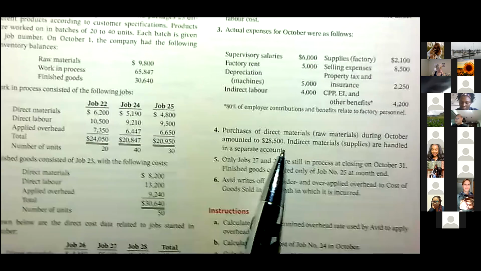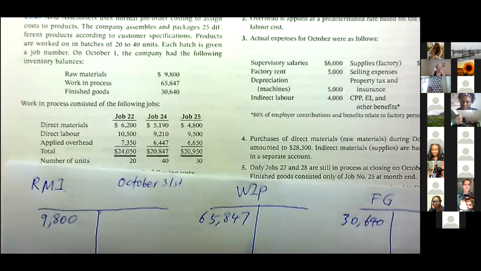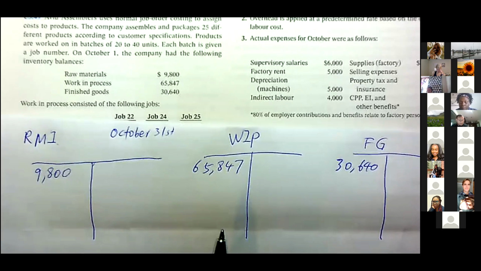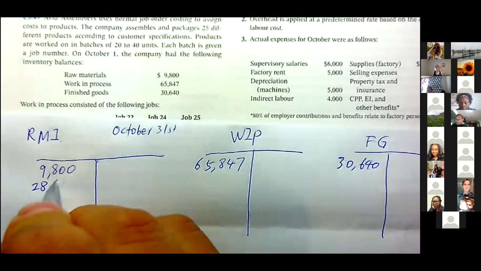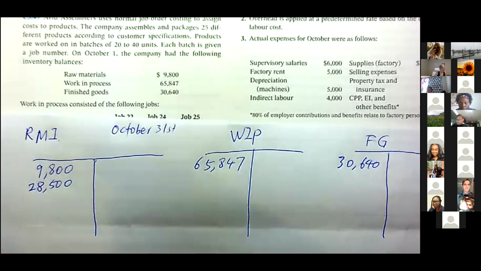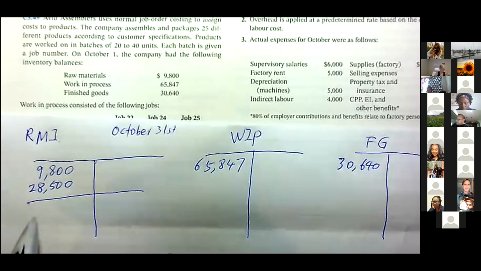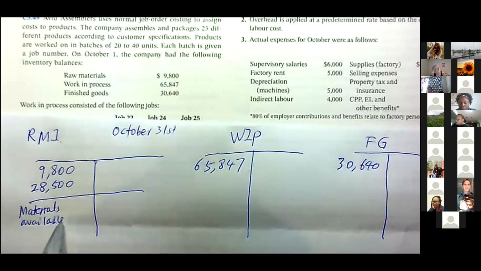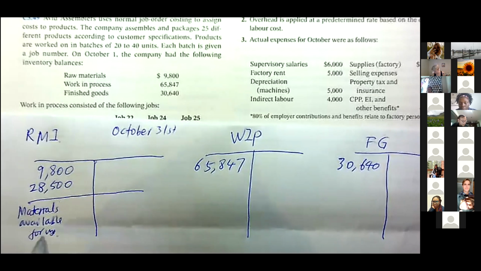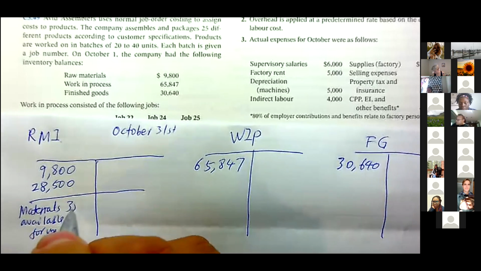So I'm going to add that 28,500. Now this together gives me the total materials available for use: 38,300. Okay, very good. Yes, correct.